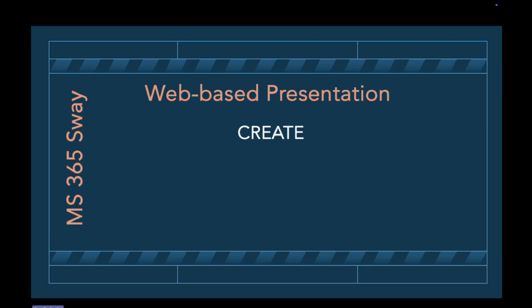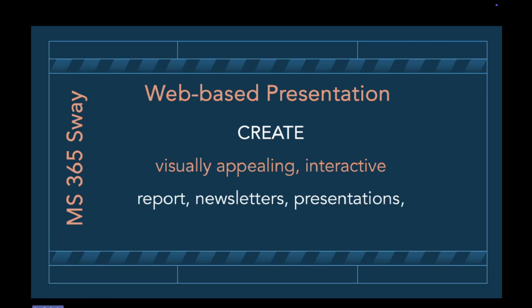So what can one do with Sway? One can create visually appealing, interactive reports, newsletters, presentations, portfolios, resumes, tutorials, and whatever else you please. You can do many of these in PowerPoint.